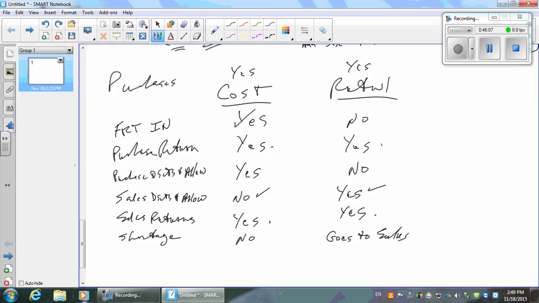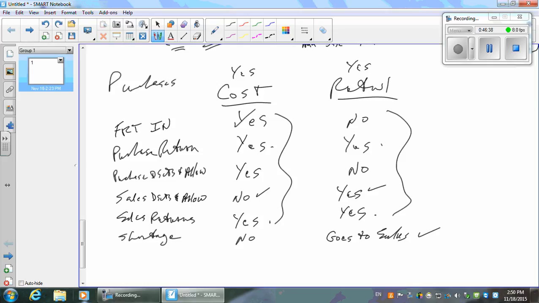Remember, sales doesn't have anything to do with the cost to retail percentage either, right? All of these other things have to do with the cost to retail percentage. That one really doesn't. You don't change your cost and you don't change your retail either. You just put it next to sales. That makes sense? So that stuff is just another deduction. So what I have available at retail, I take away my sales and then I take away normal shrinkage. Okay, that sound good?